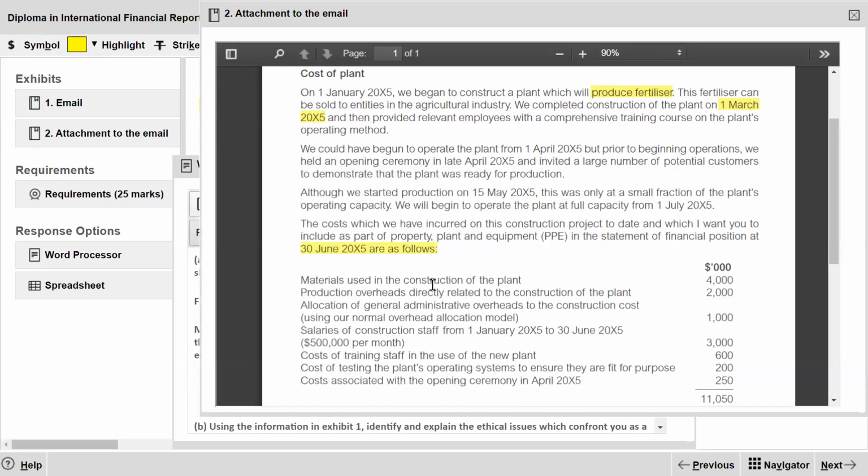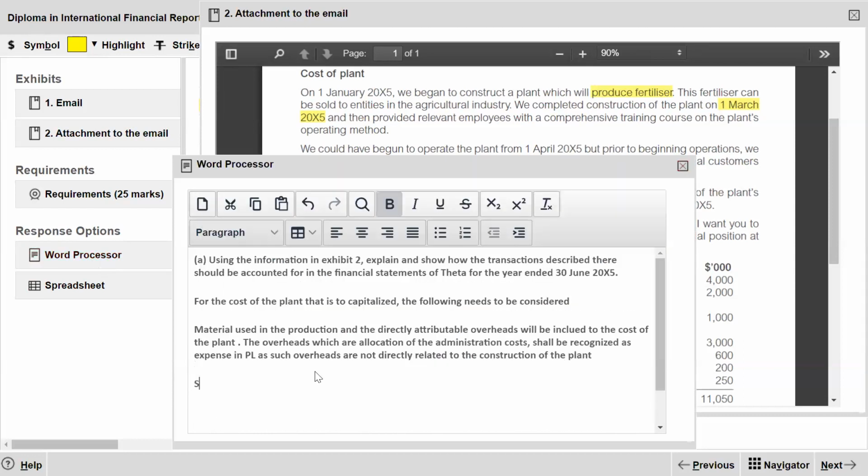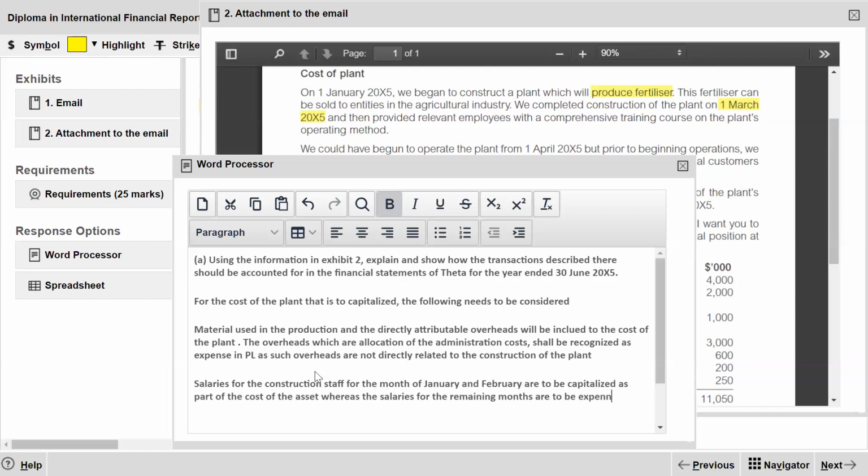In addition, the salaries for the construction staff for the months of January and February are to be capitalized as part of the cost of the asset, whereas the salaries for the remaining months are to be expensed out.